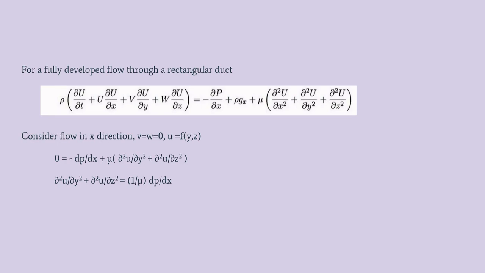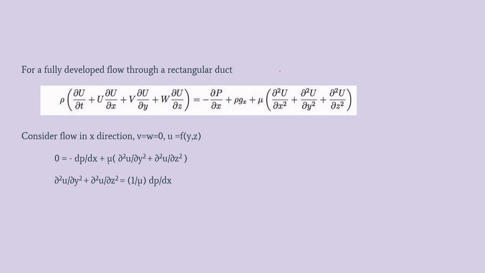This is the x momentum equation, the general equation. In the previous question, we have seen how a fully developed flow is different from a developing flow.